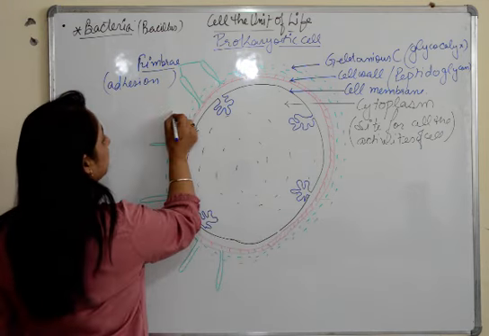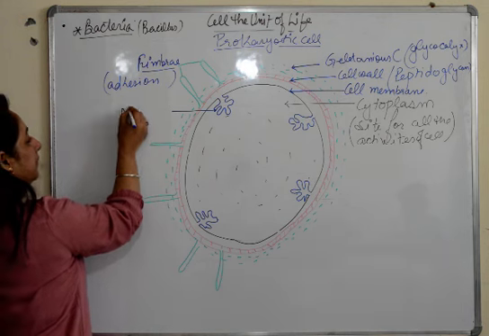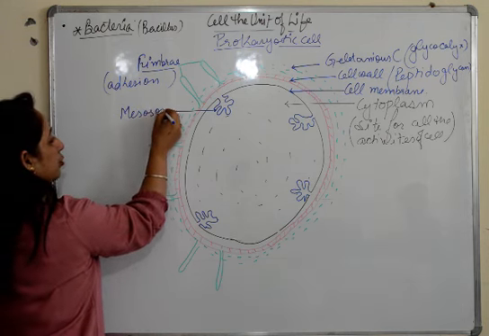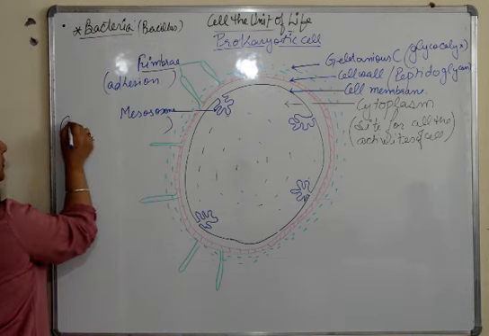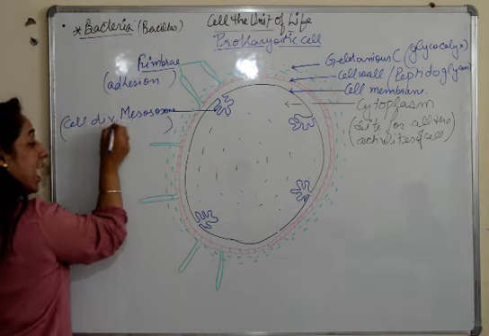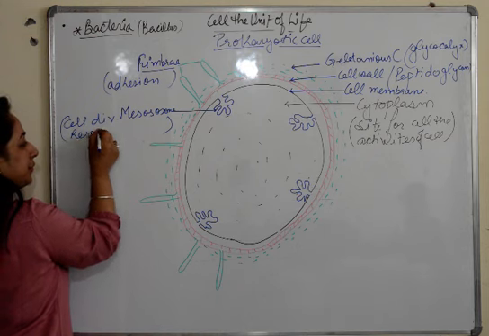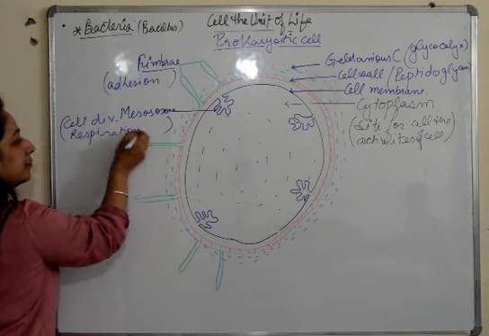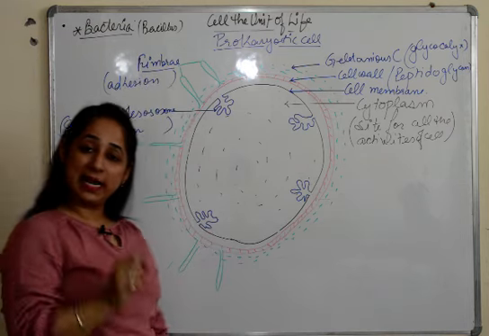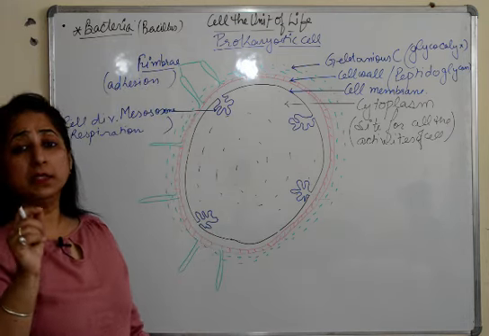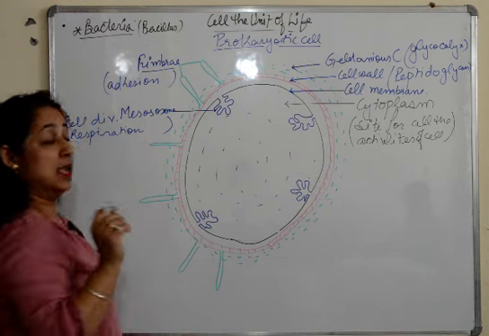Let's just label it first. These are the mesosomes, and these mesosomes are responsible for cell division and also for respiration. Mesosomes are the structures in the bacterial cells which are responsible for cell division and the process of respiration.